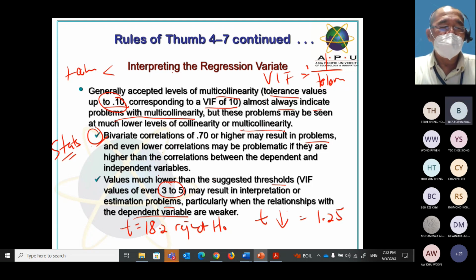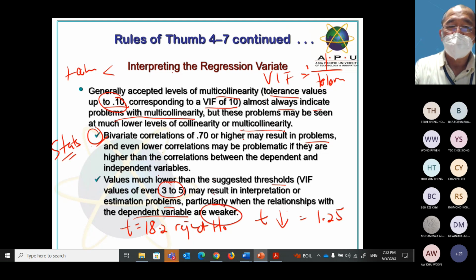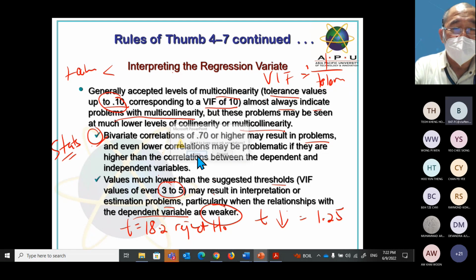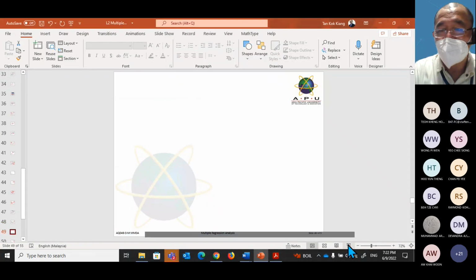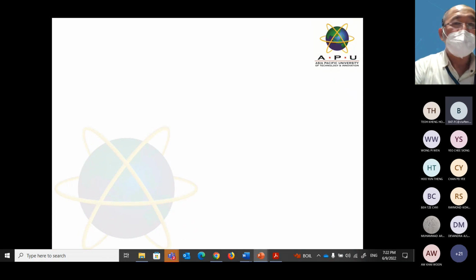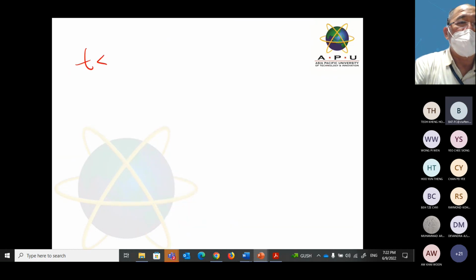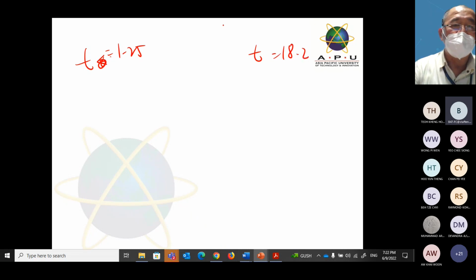If we cannot reject, it means a weak relationship. No problem. I write down: T small, following this example, equals 1.25. T equals 18.2.